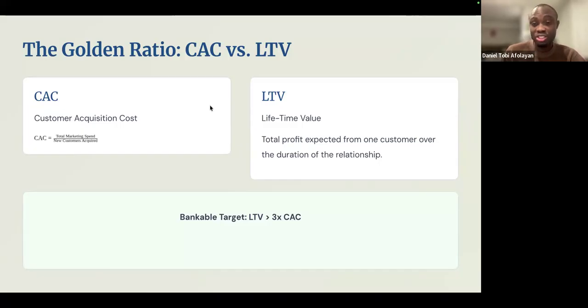Now you divide that by how many transactions would they have? 5 transactions, 10 transactions. So let's assume they need your product 10 times in a year. Or let's put it by quarter, 4 times in a year.